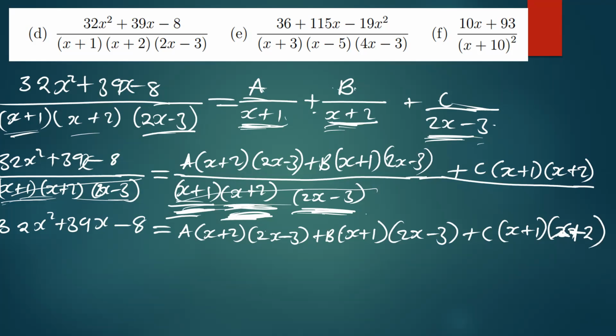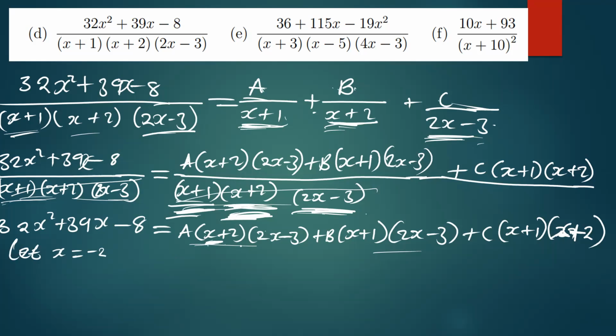So now we start finding the values of A, B, and C. So how do we find those values? We find a number that if I replace it where there's x, it's going to cancel at least 2 terms from these three terms. So let's say for instance, if I let x be equal to -2, it means that if I put -2 there, this part will be a 0.